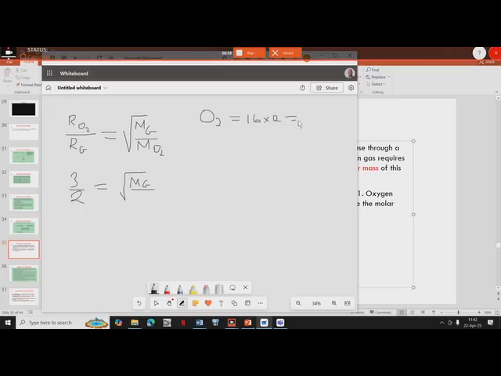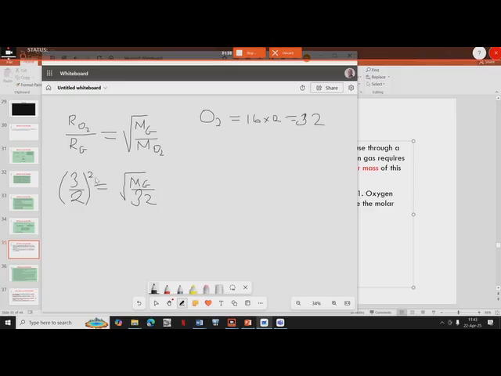So if that's the case, then the total mass will be 16 multiplied by 2, or 16 plus 16, which is equal to 32. So I have now 32 here. That's the mass I'm going to use here, 32.